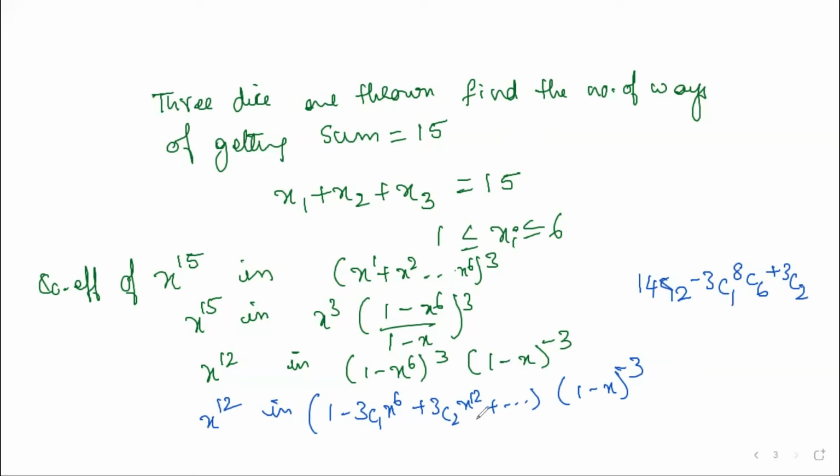It's already x^12 here. I have to pick the constant term, which is 1. So when I calculate all this, it gives the answer as 10. So in this particular question, we had a restriction at the lower end and also the restriction at the upper end. Since dice cannot take any value starting from 1 to 15, it takes only values from 1 to 6.